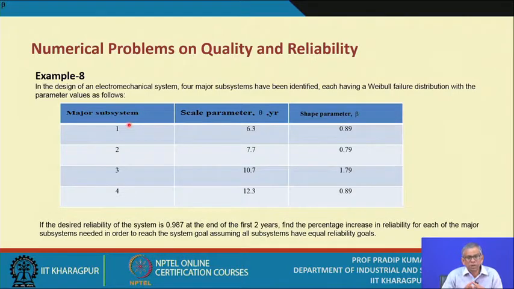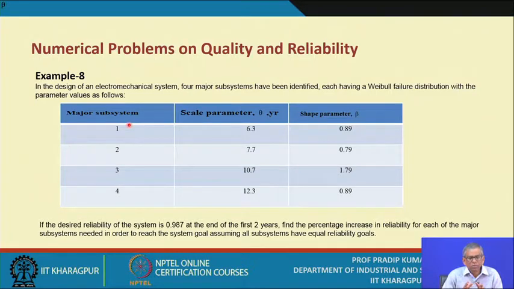The gamma, that is the first parameter, is referred to as the location parameter. The value of gamma may lie between minus infinity and plus infinity. And then you have the shape parameter, the notation is beta, and it is greater than 0, that means it is positive. And then alpha is basically the scale parameter.